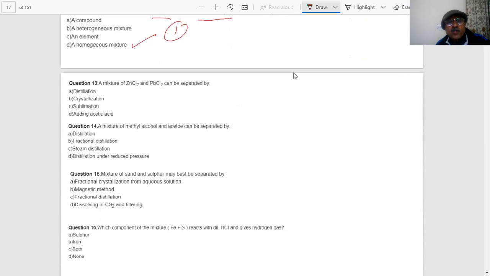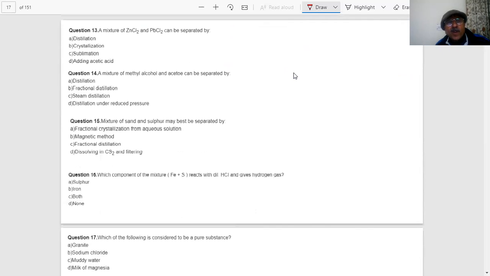Okay, next question is coming on the screen, students. A mixture of ZnCl2 and PbCl2 can be separated by crystallization. Absolutely right answer. You know what happens?